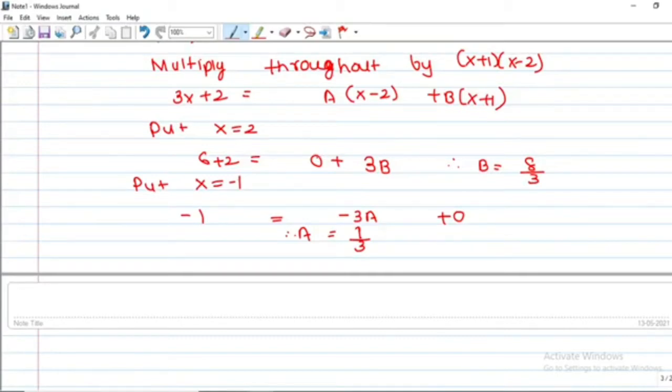If I put minus 1 in the B term, this will become 0, and this will become minus 3. Minus 3 plus 2 is minus 1, which gives A as 1 by 3. So we got the answer.